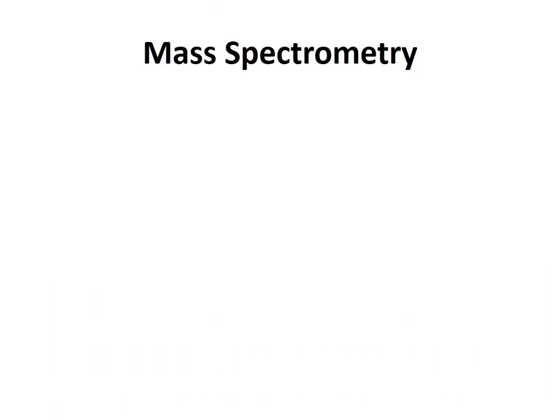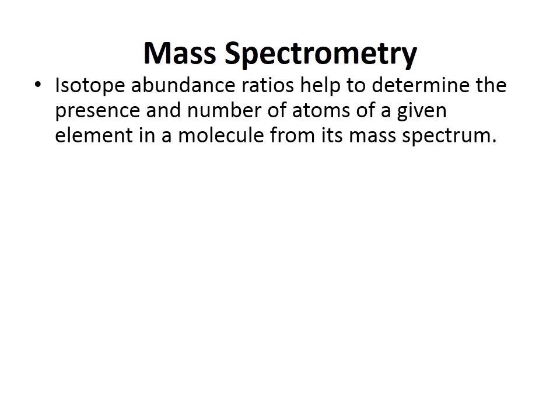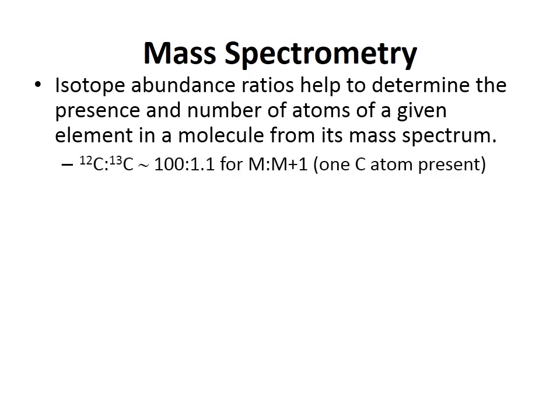Isotope abundance ratios help to determine the presence and number of atoms of a given element in a molecule from its mass spectrum. So for example, if you compare C12 to C13, that's about 100 to 1.1 for the M to M+1 peak. That's with one carbon atom present.